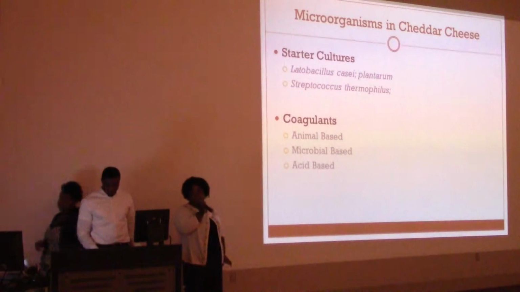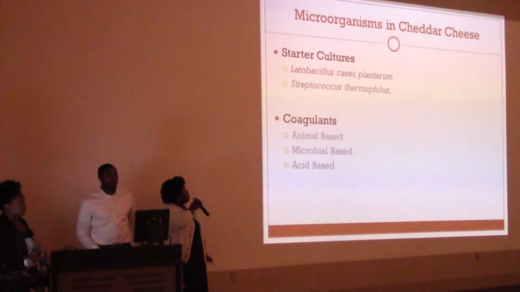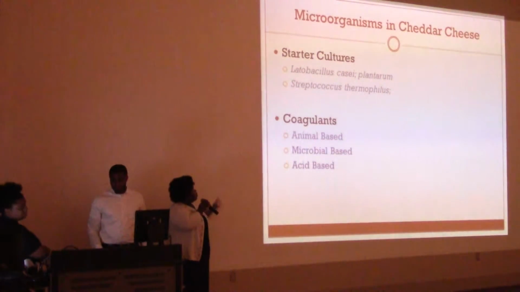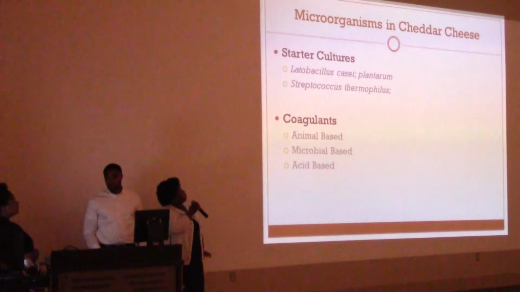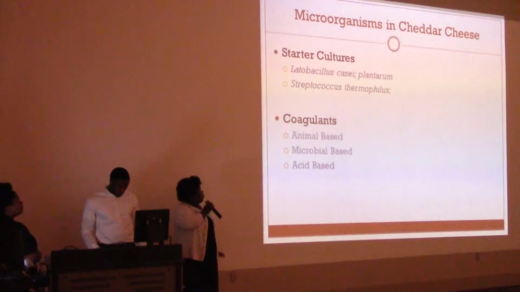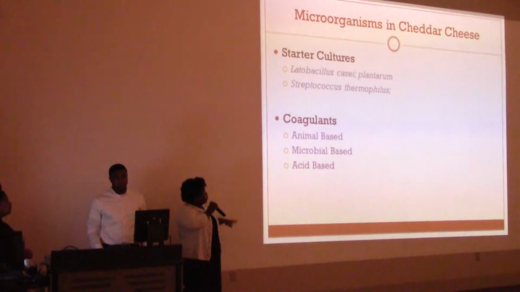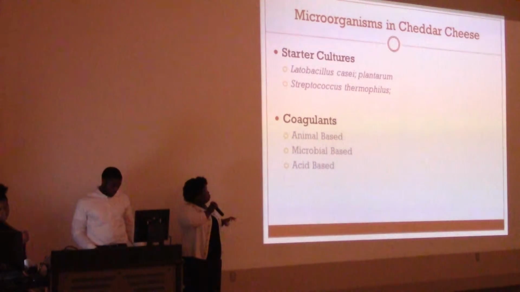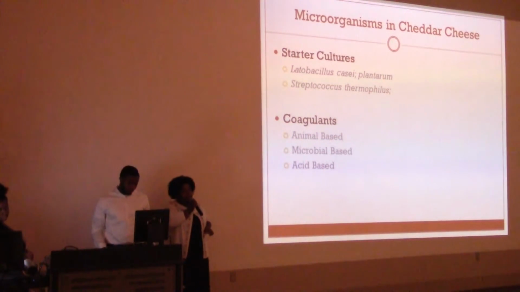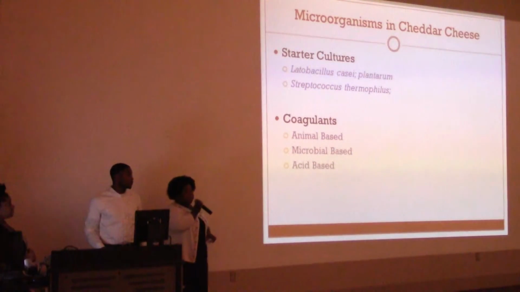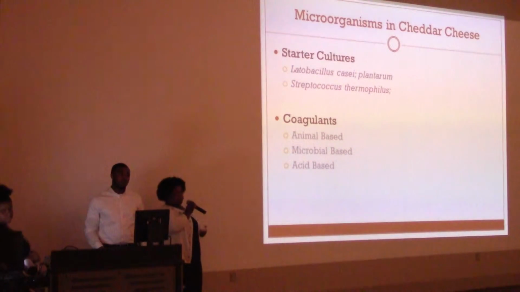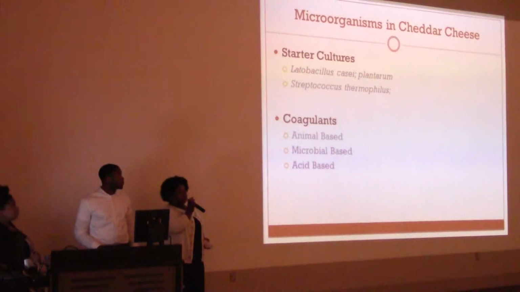Part of the micro portion of cheddar cheese: these are the starter cultures for cheddar cheese, Lactobacillus and Streptococcus, and some of the coagulants. The animal-based coagulant is rennet, derived from ruminant animals, and it comes from their fourth stomach.